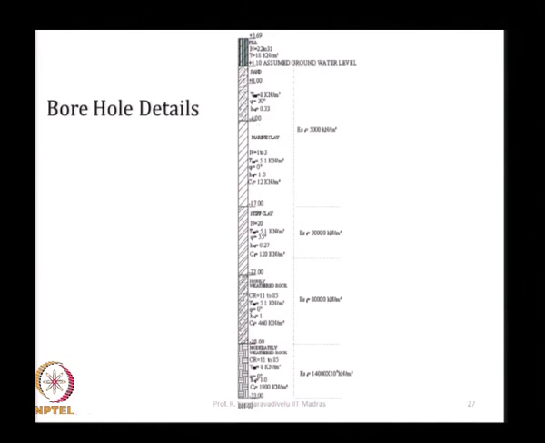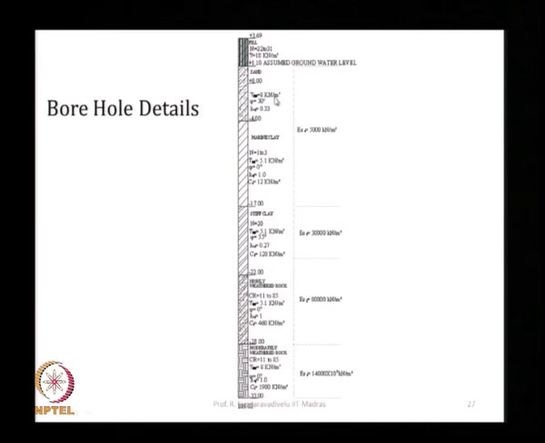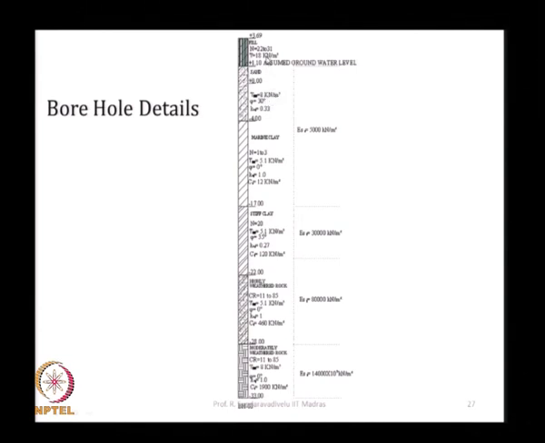It has a submerged density of 8 kilonewton per meter cube. Above the water level we give the dry density or natural density, below that we give the submerged density. Phi value is given as 30 degrees. We have calculated K as 1 minus sin phi by 1 plus sin phi, that is 0.33.